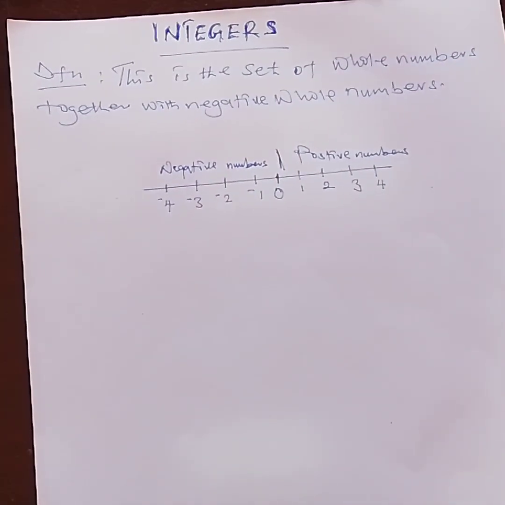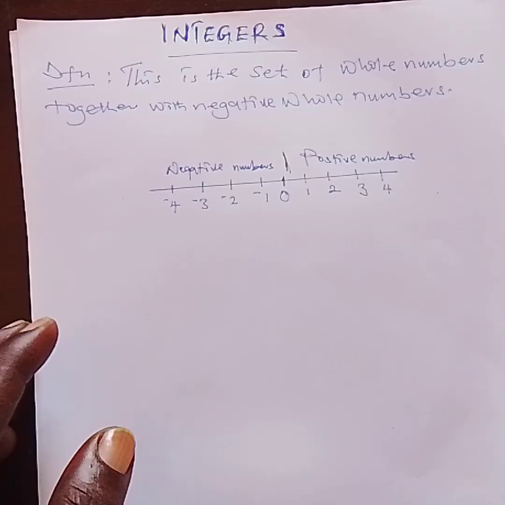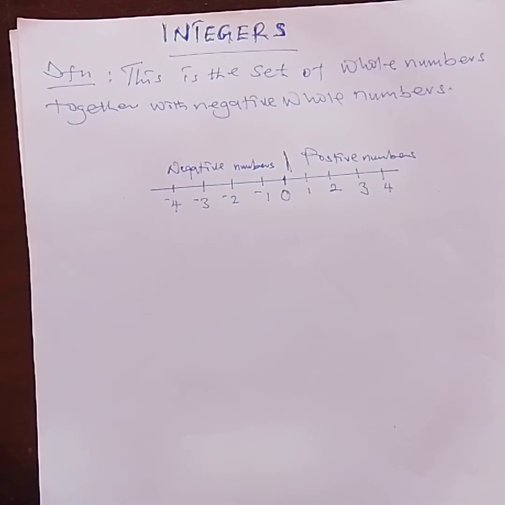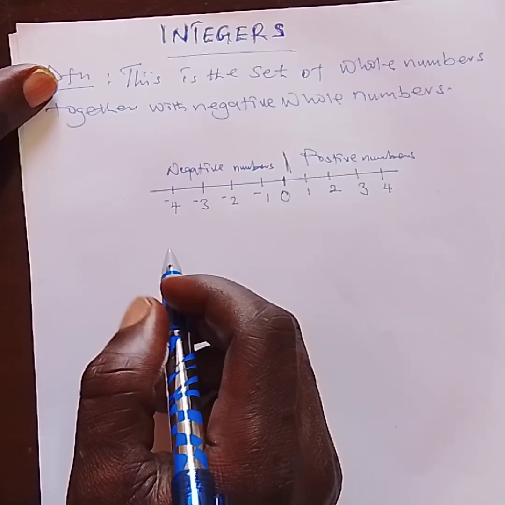Now coming straight to our examples on integers, I'm going to handle some, then others I will leave for you to work out. Let me first handle addition of integers.